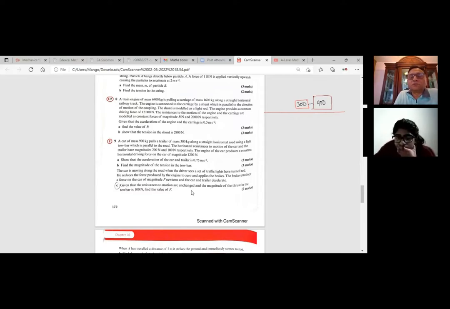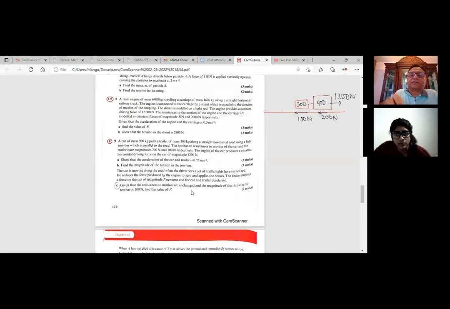So not friction, but forces going in the opposite direction. The engine of the car produces a constant horizontal driving force on the car of magnitude 1200 newtons. Show that the acceleration of the car and the trailer is 0.75.